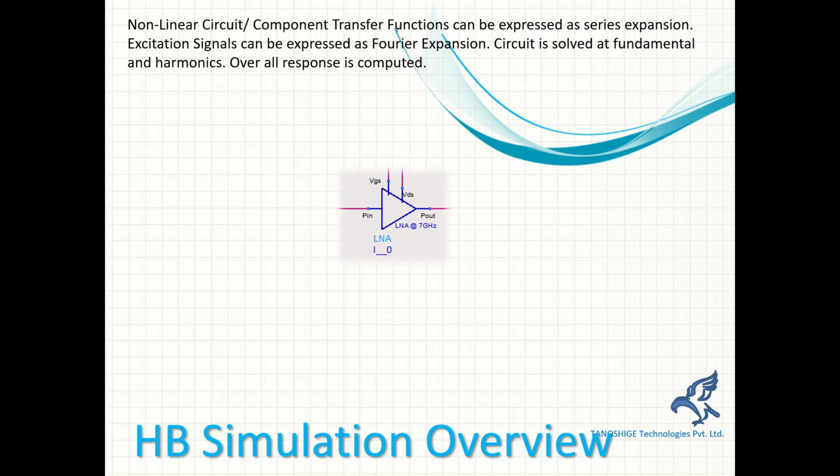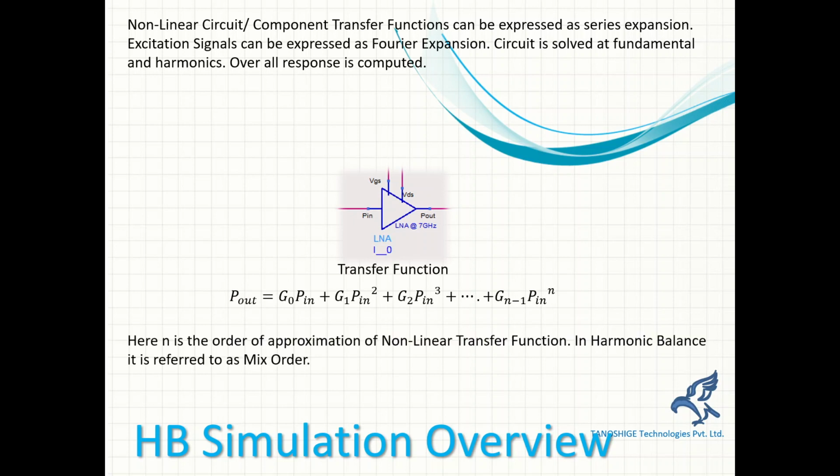Excitation signal can be expressed as again a Fourier series expansion, and circuits is solved at fundamental and harmonics over all responses. Okay, and then so this is your gain, which is a transfer function which is expressed as a Fourier series expansion, right? And this is arbitrary input which has a nonlinear input resulting in a nonlinear output, right?